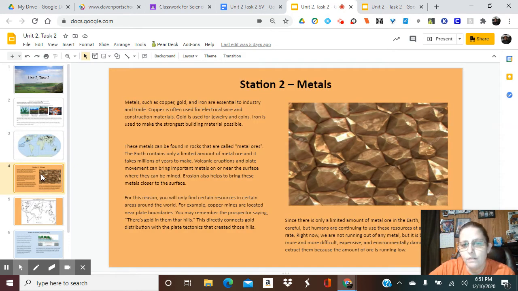Same thing with metals. They're in the ground, in rocks called metal ores, and they usually are found through drilling, through volcanic eruptions, through erosion. Gold, silver, copper, and iron are some metals that are really popular.